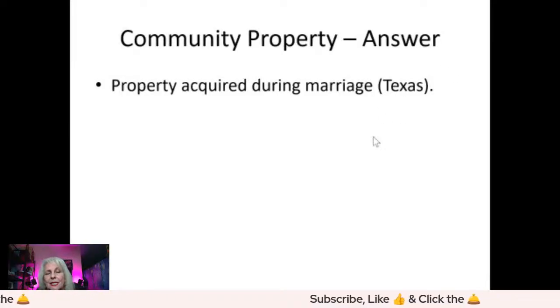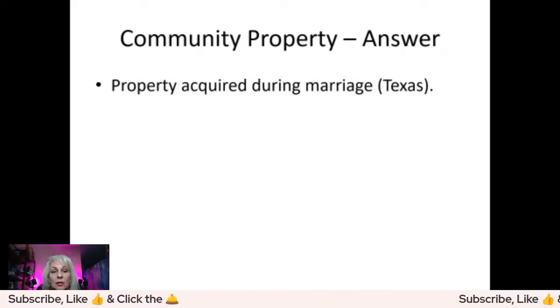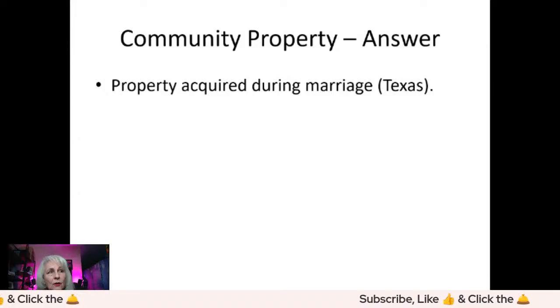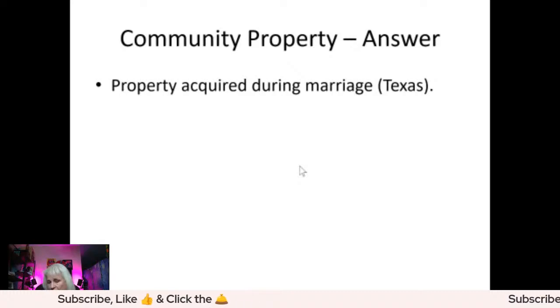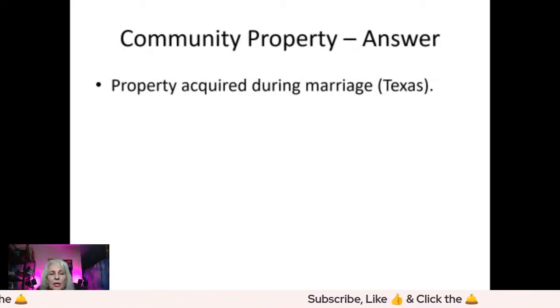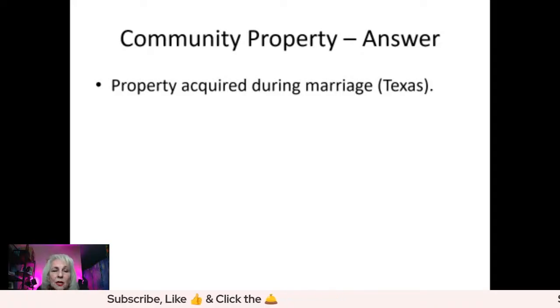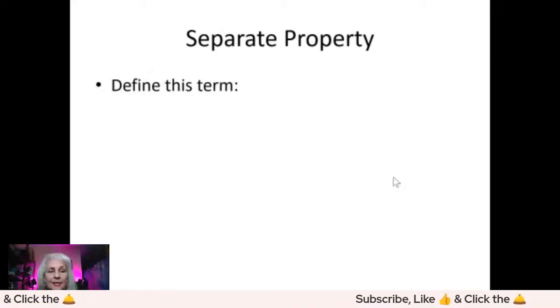If it is in another state that isn't using community property, then it's called ownership in entirety. They own the property for the entirety, and when one partner dies, the other partner gets their share. It's called tenancy by the entirety.